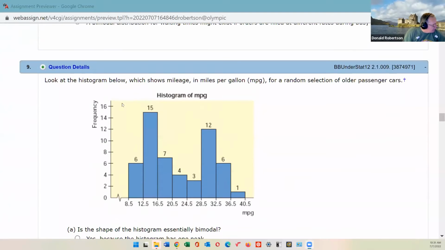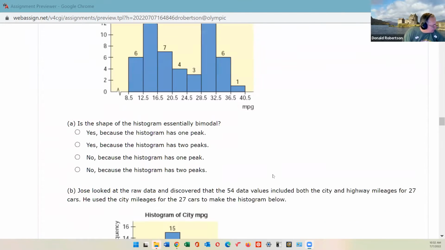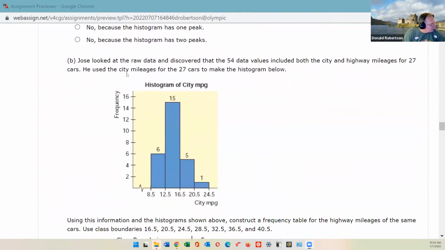Now, this was data on how many miles per gallon older cars get. So somebody's got a really good car. Look at that car, more than 36.5 up to 40.5.